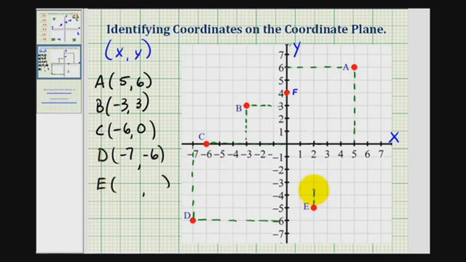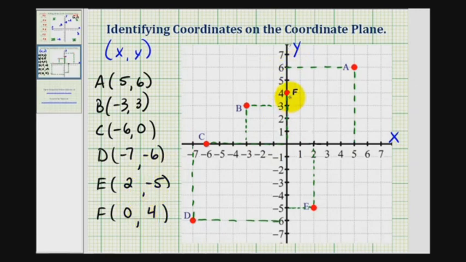So for E, we trace to the x-axis, which gives us 2, and then we trace to the y-axis, which falls at -5, and you can see that that is actually in the fourth quadrant, which gives us (2, -5). And F is actually on the y-axis, which tells you there is no movement on the x-axis, and that tells you that the x coordinate is 0 and the y coordinate is 4.